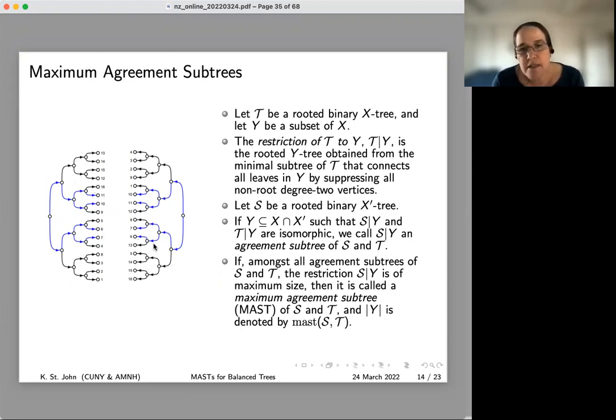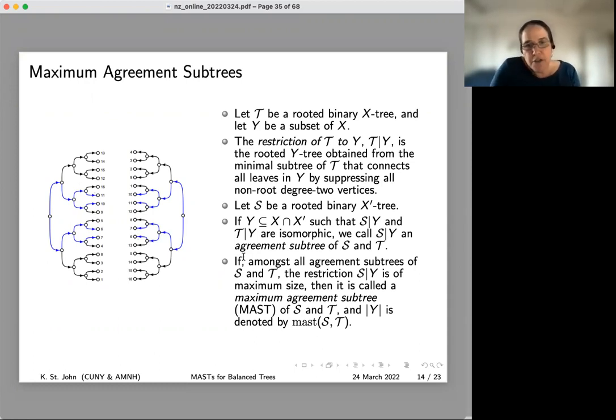If Y is in the overlap between X and X prime, and we do write it this way because we're going to actually start looking at overlaps of subtrees of our initial trees, so they might not necessarily have completely the same leaf set. We'll say that S restricted to Y and T restricted to Y are isomorphic, then we will call Y an agreement subtree.